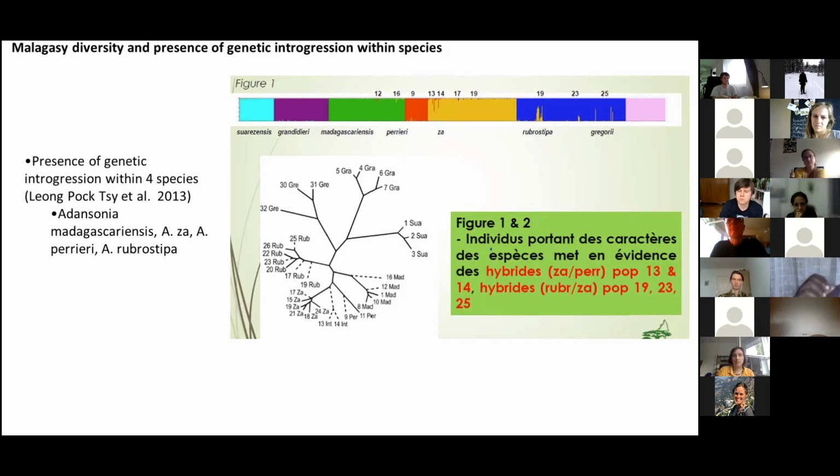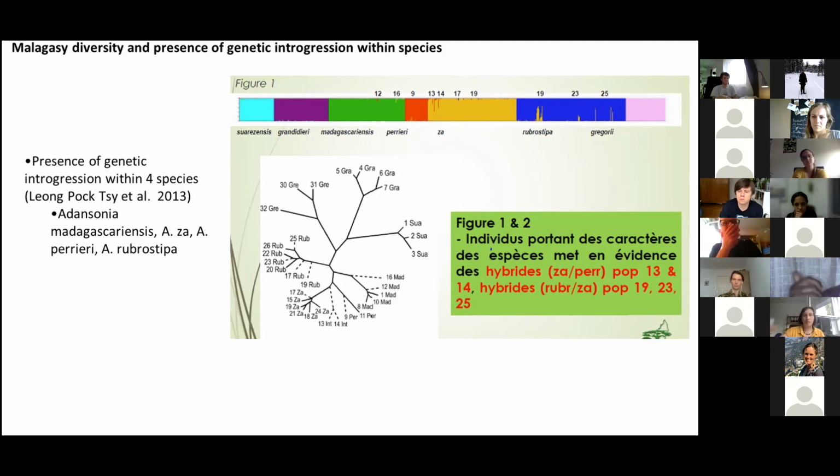When he did this study, he used chloroplast genomic data, and he could find this kind of population with genetic introgression.